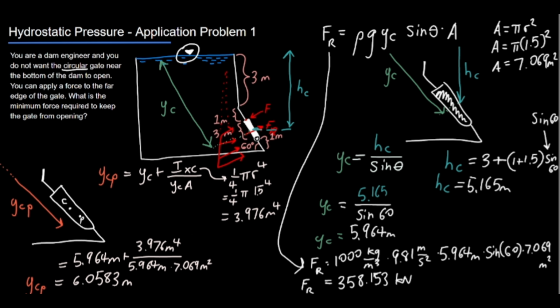Okay, with that, we need to move on to a new page. So we have YCP is equal to 6.0583 meters, of course. We'll make that a little more legible. And I'm again going to redraw what we're dealing with. So we have YCP right now, which goes through the center of pressure.